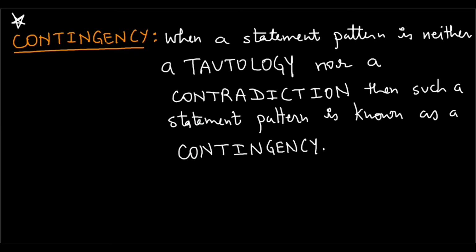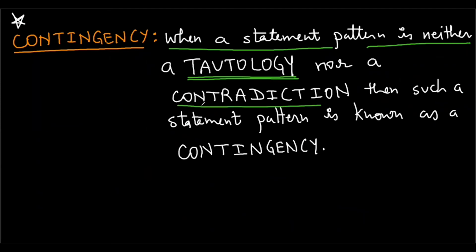Okay, the definition is very simple here. When I see a statement pattern is not a tautology, and it is also not a contradiction, it is none of the two.